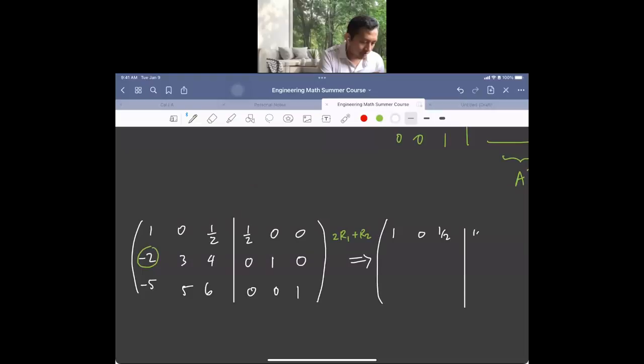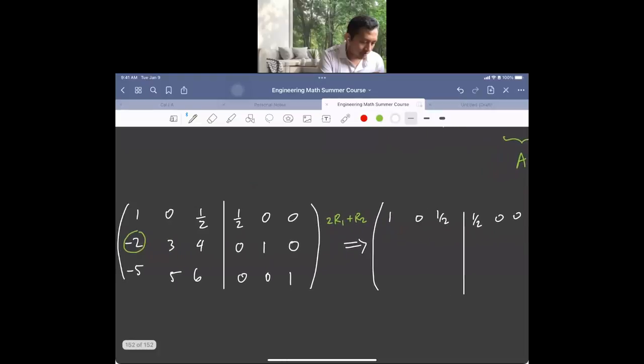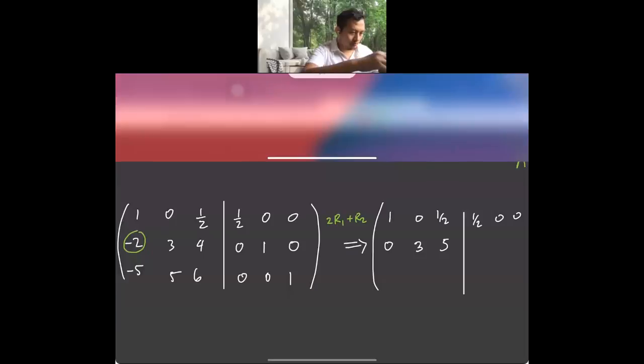So 1, 0, half, still half, 0, 0. And then the second part, this is 0, 0, 3, 1 plus 4 is 5. And then we have 1 here. Oh, sorry.